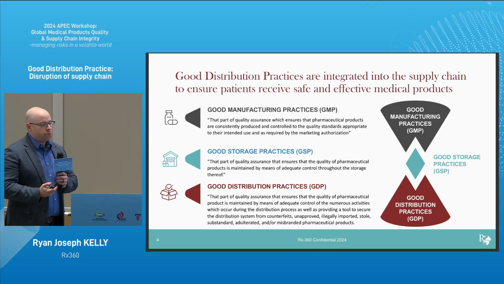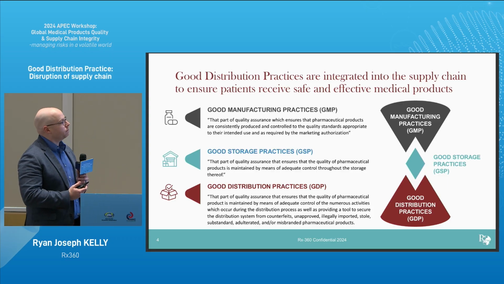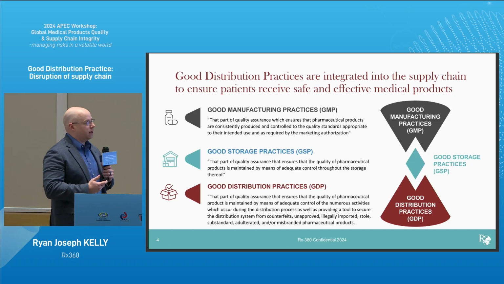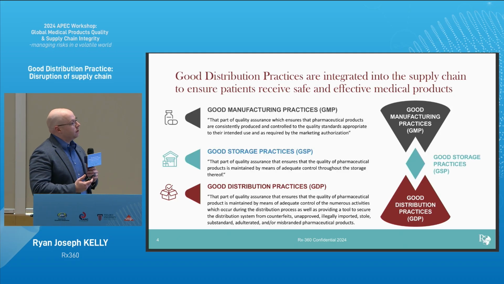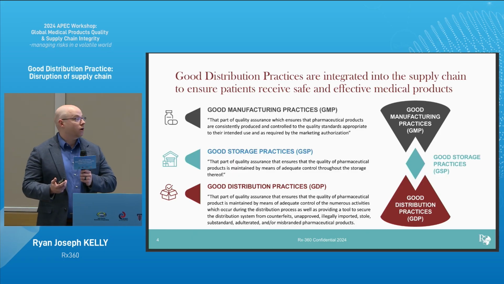And so good distribution practices are part of a larger set of standard practices that we have utilized in the life sciences and healthcare and medical product industries going back decades to ensure safe and effective medical products are reaching our patients and our customers.